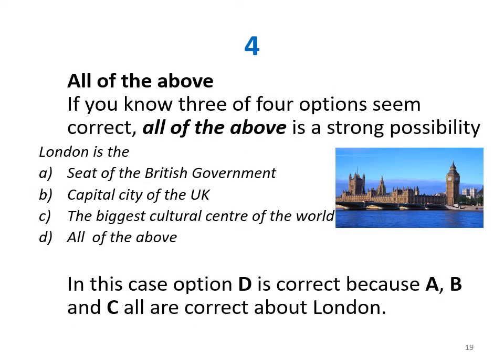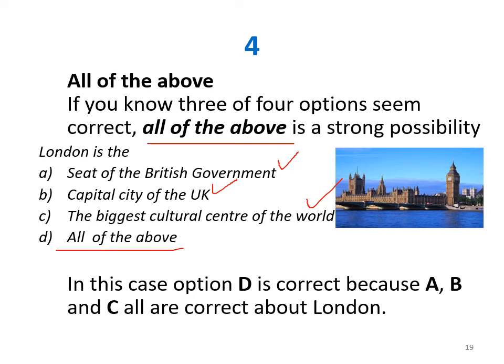All of the above. If you know 3 of the 4 options seem correct, all of the above is a strong possibility. For example, London is the seat of the British government. Seems correct because this is where the capital is. Capital city in the UK, yes, we know that. The biggest cultural center of the world. We know that too. So see that out of 4 options, 3 of them are correct. So the answer should be all of the above.